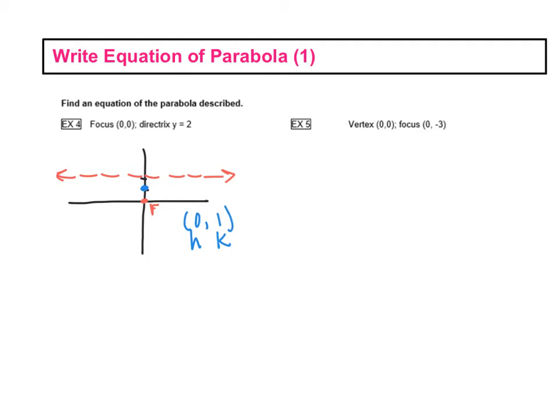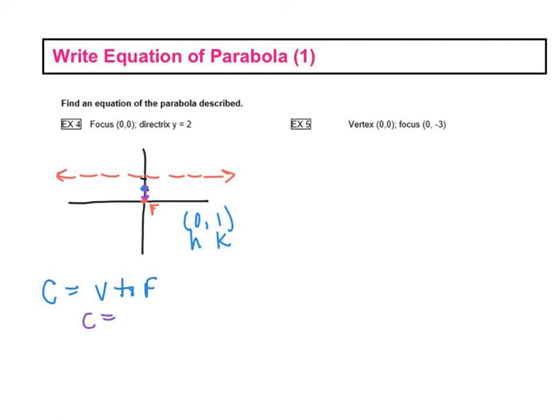So now what we need is our c value, and the c value is always the distance from V to F. So from the vertex to the focus, that is our c value. So if we go from the vertex right here to the focus, we have to go down 1.